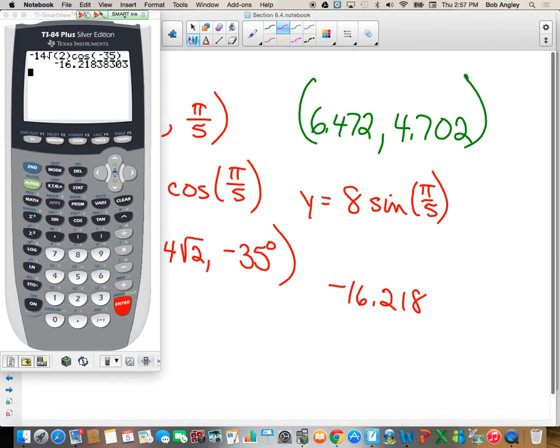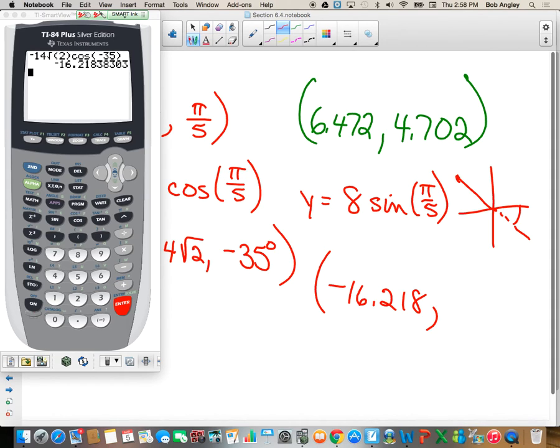Now, I want to ask you a question before we do the next one. Remember, it was negative 14 square root of 2, and then the angle was negative 35. What quadrant's the point in? Second. It's in the second, because if I go down here, negative 35 degrees, but then r is opposite, I'm going up here.